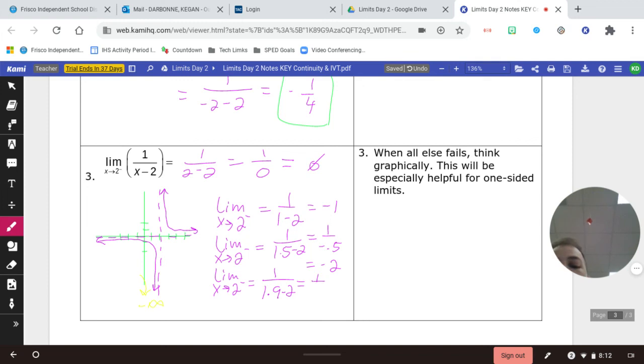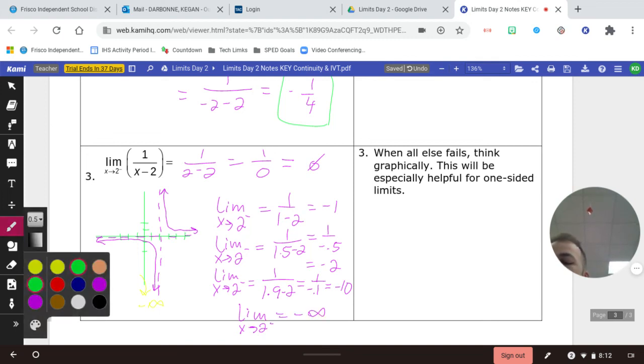So now I have 1 divided by negative 0.1, which is equal to negative 10. So as I get closer and closer, my number is getting more and more negative. Okay? If I got as close as possible, if I plugged in 1.99999 repeating on forever, am I going to get a super huge negative number? Yeah. So super huge negative number, another way to say that is just negative infinity.